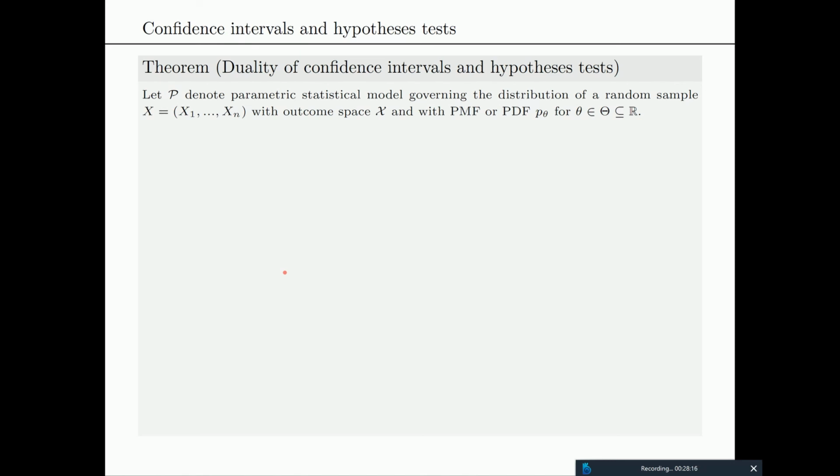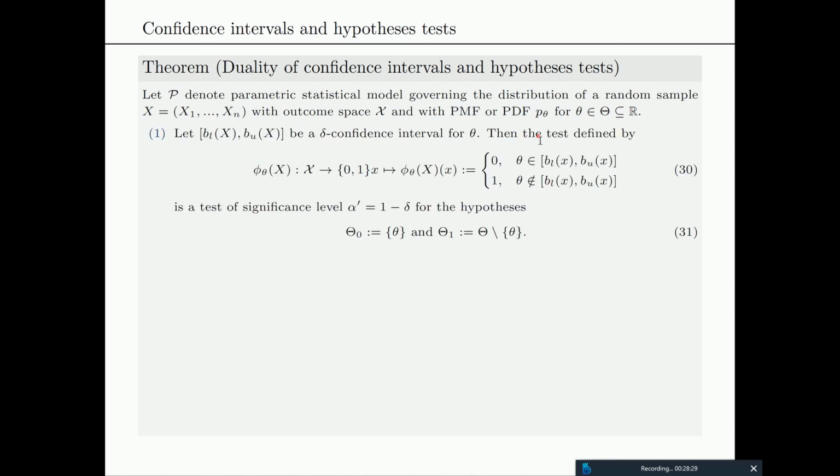The basic assumption is, of course, the same in both cases. We have a parametric statistical model, we have a random sample and data points, an outcome space, and we have a PMF or PDF. And now we start again with what we started with last week. We assume that we have a delta confidence interval for theta.